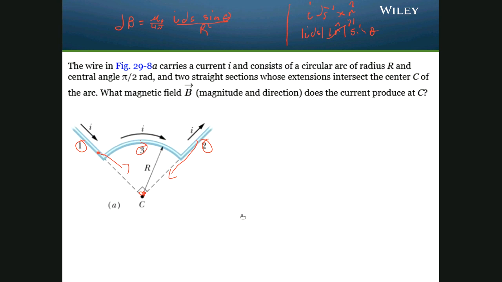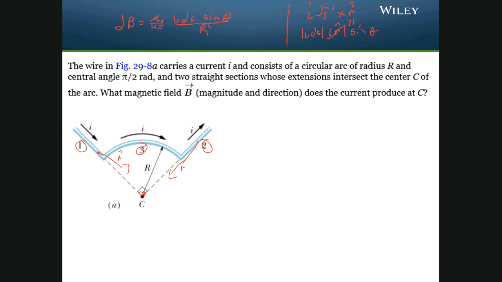Okay, so again, the trick to this is looking at these r hat vectors. You'll notice that if we look at sections 1 and 2, the ds vector is always in the direction of the current, right? So in this direction, it's parallel with r hat.